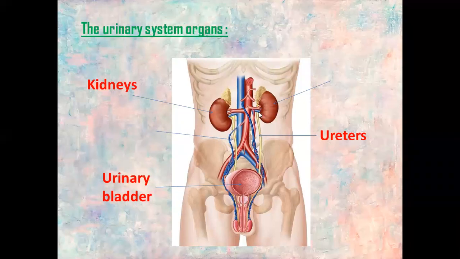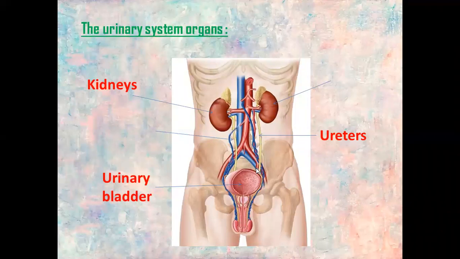When the kidneys filter the blood, they get the urine out of the blood. And this urine goes out of the two kidneys, moving inside the two ureters here. So again, the two kidneys filter the blood and get the urine out through these two long tubes, which are called ureters.